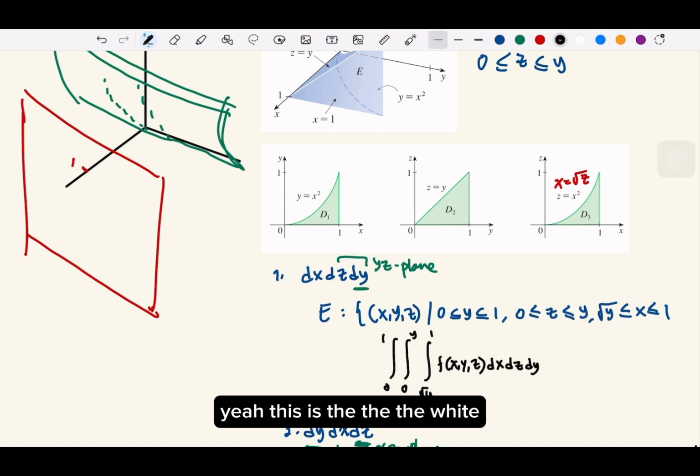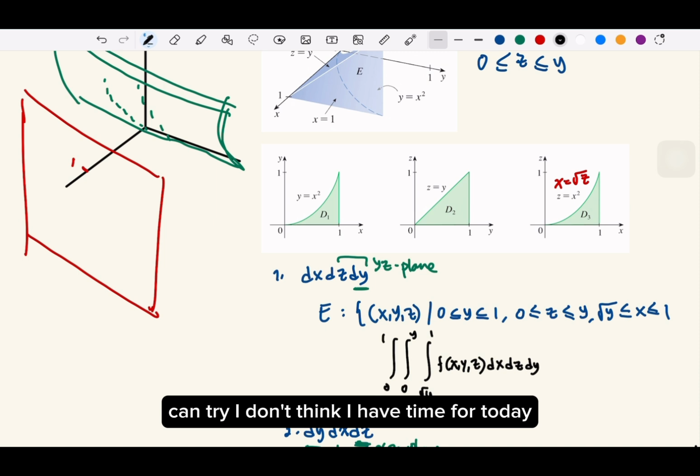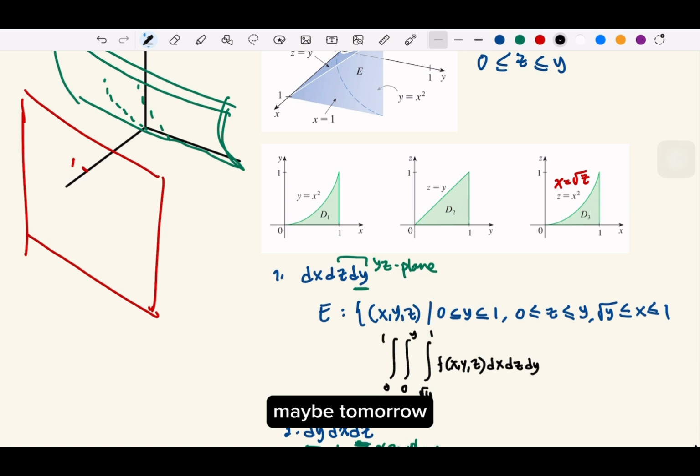Yeah, this was y equals z, right? This one, and this one the x squared. So this minus this, this is the upper, this is the lower. I think we can try using GeoGebra later. I don't think I have time for today, maybe tomorrow.